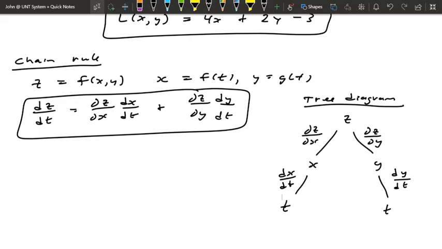Okay, that's kind of the first case. The second case is when those variables x and y are themselves functions of several variables. So this is like the first case. Let's say z is a function of x and y, but now x and y are functions of two variables, s and t.